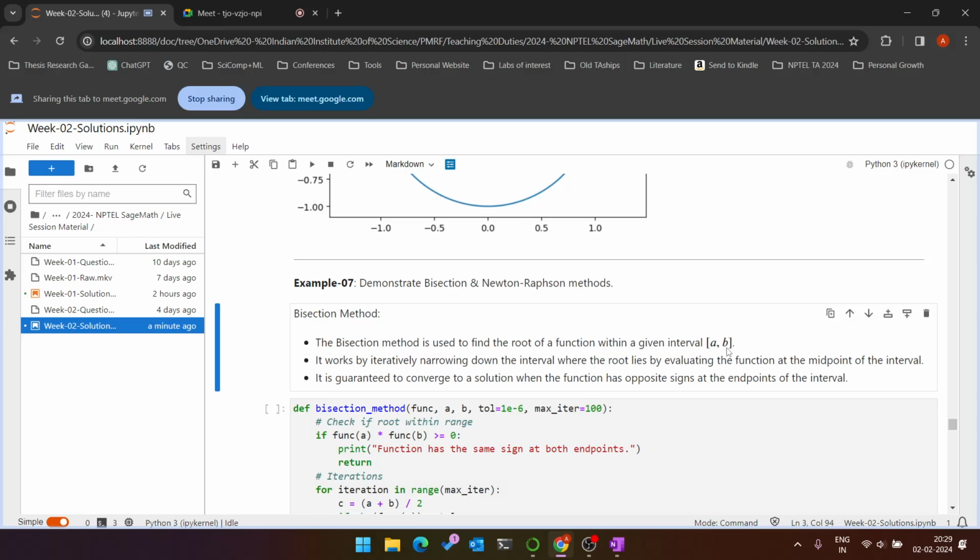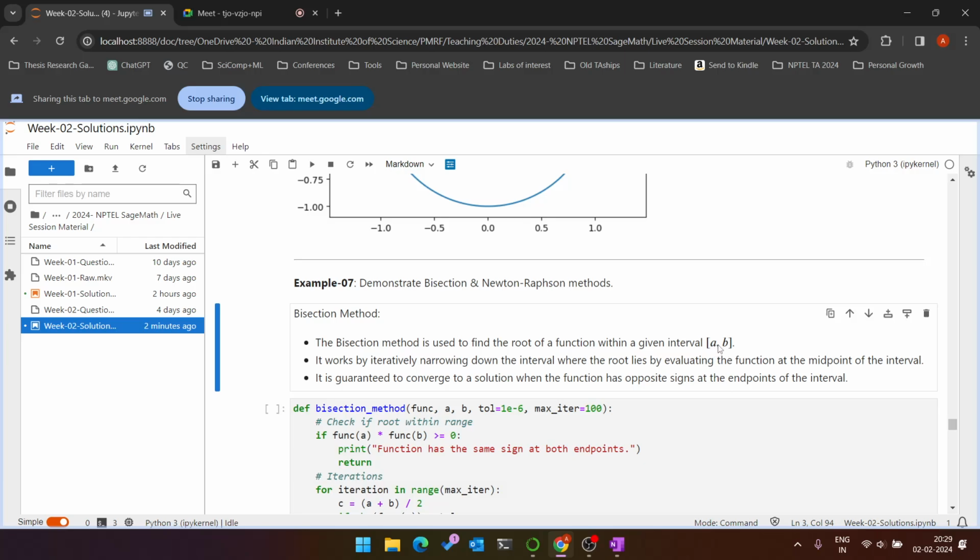How do we know that? If you calculate the function at a and the function at b, suppose the value of the function at a is some positive number and the value at b is some negative number, then you know for sure that at some point between a and b the function had to cross over the value 0, provided that your function is continuous.